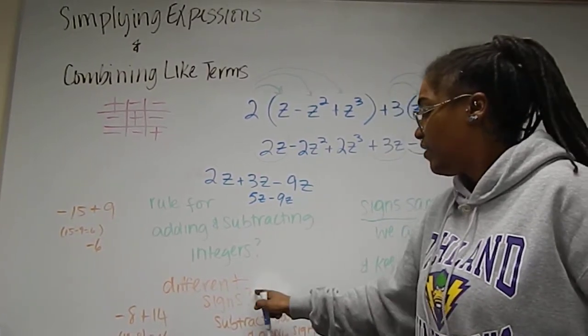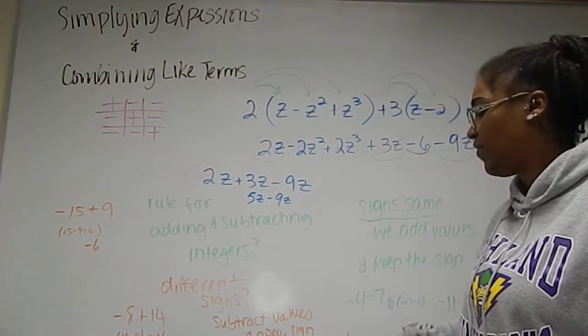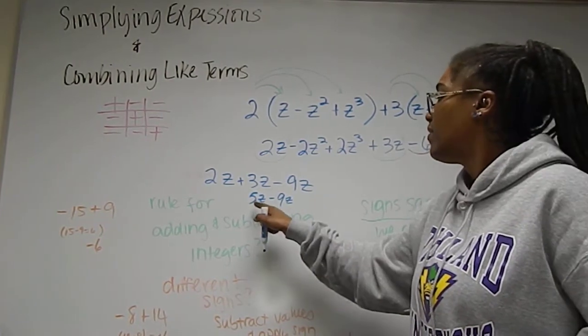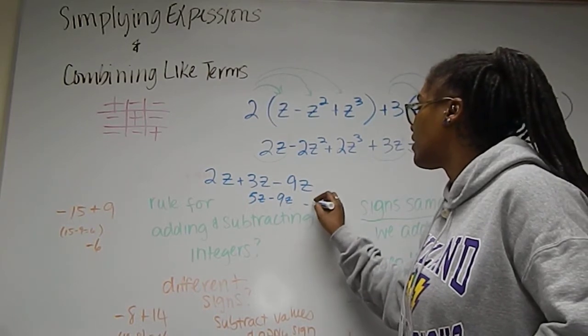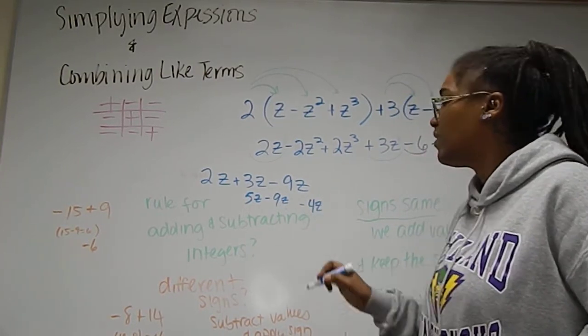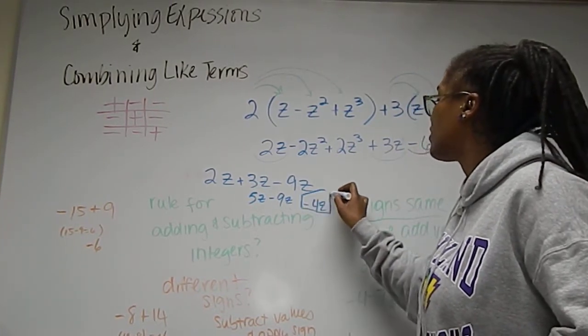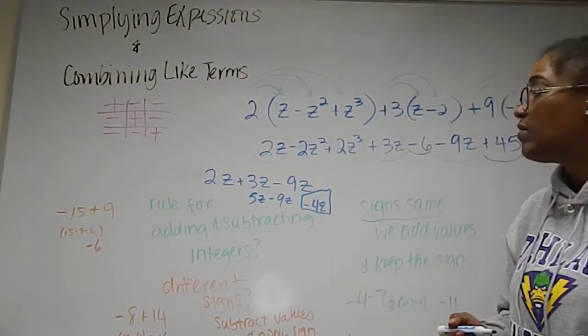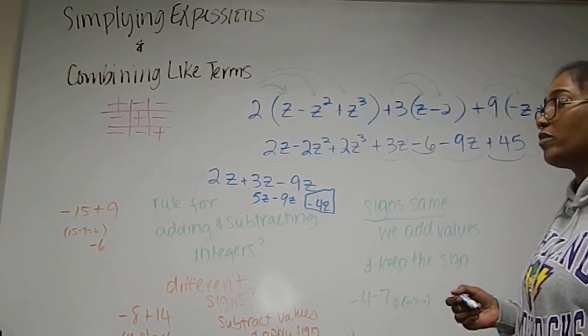The signs are different, so we're going to subtract our values and apply the sign of the biggest value or the biggest number. 9 minus 5 is 4, so that's going to be a negative 4z. Okay? So as far as our z values are concerned, this one and this one and this one becomes negative 4z.